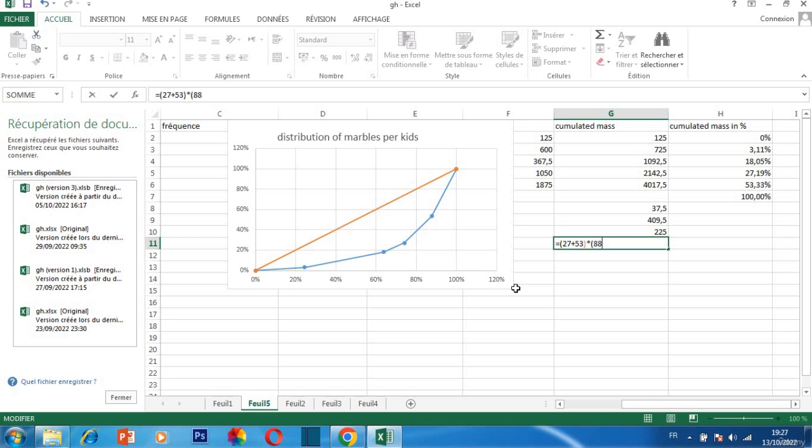This is the height, minus 74. We're gonna divide the whole of it by 2 because we know that the formula for calculating the surface of a trapezius is this: the small base plus the big base multiplied by the height, all of it divided by 2.